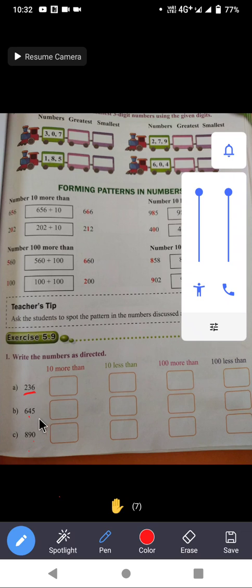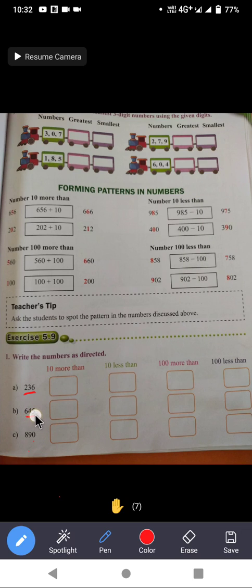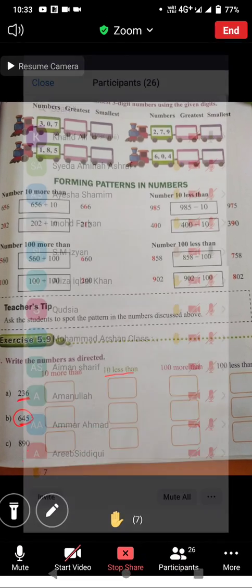Beta, 10 less than 645, tell me quickly. 635. Yes, so to find 10 less than, we subtract 1 from the tens place. Very good.